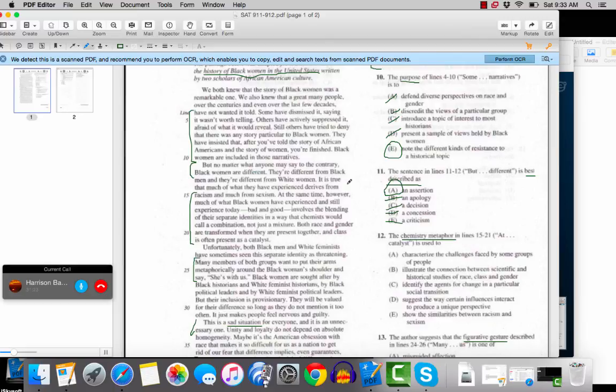Yeah, and so these two things, race and gender, it says that they're transformed when they're present together, as opposed to what? As opposed to, I guess, just them sitting side by side, right? When race and gender, they're transformed. You said there's like an explosion. Like what's happening to race and gender in that explosion? That they make each other, that they both become stronger almost, or they become stronger identities.